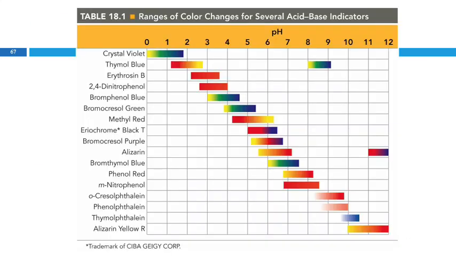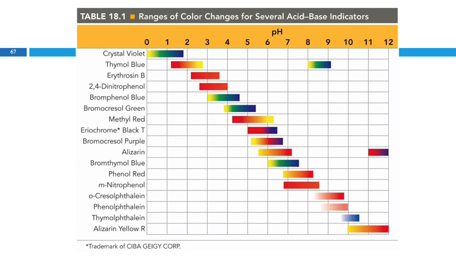Why do most of them have colors in their name? Well, most of these names are what we would call common names, right? And so, I mean, what are you going to call this compound that turns bright blue when you put it in base? Blue something, right?